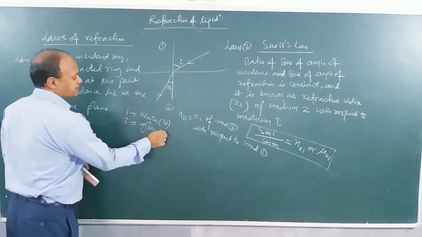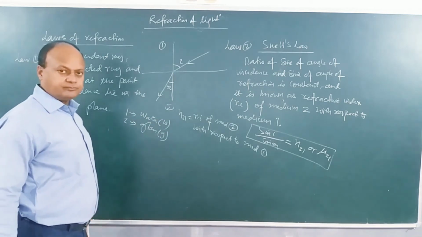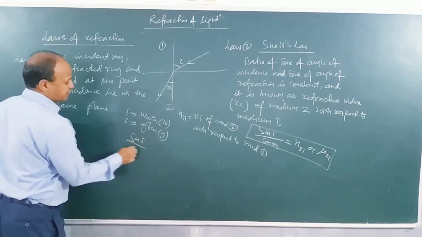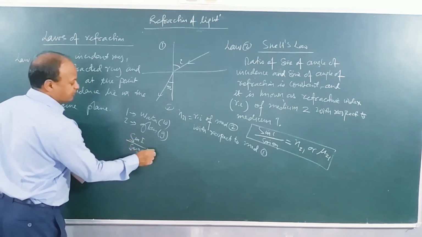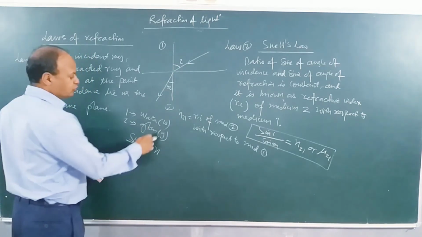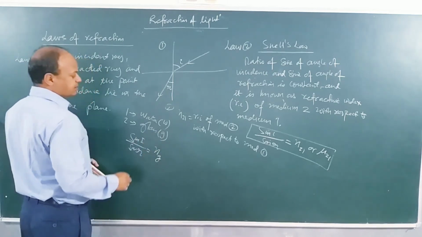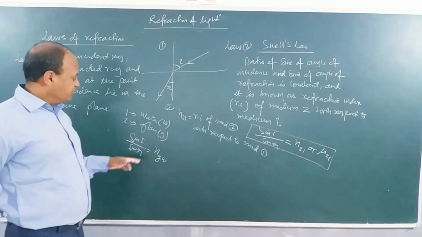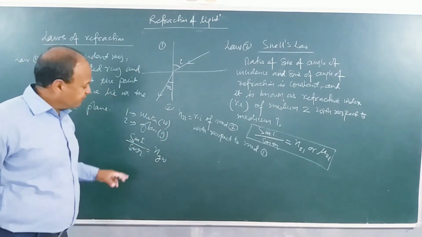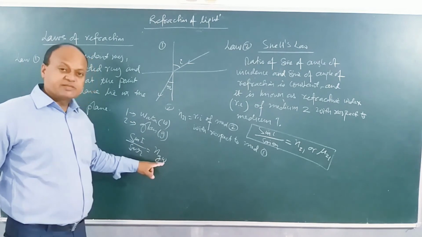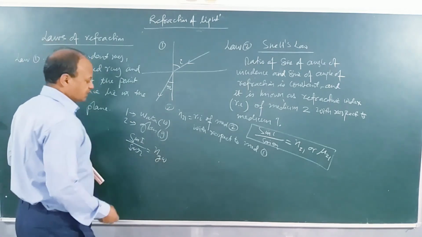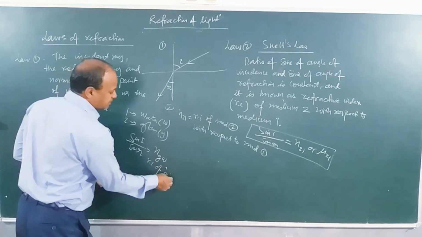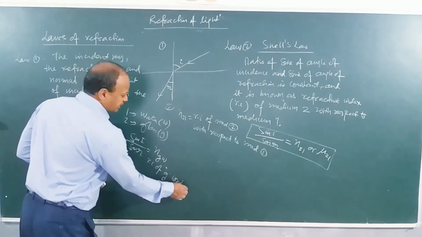We will be writing G. Then children, sin I divided by sin R will be N21, where 2 means glass with respect to 1, that is W. Now we will read it as refractive index of glass with respect to water.